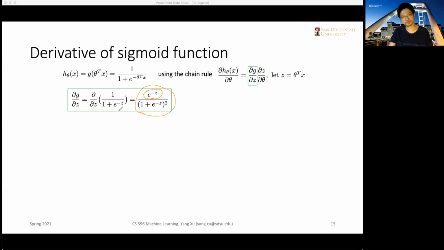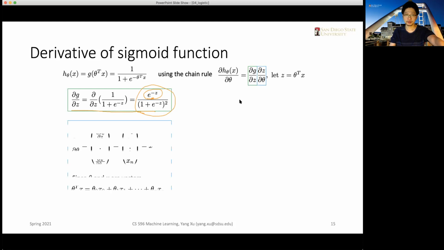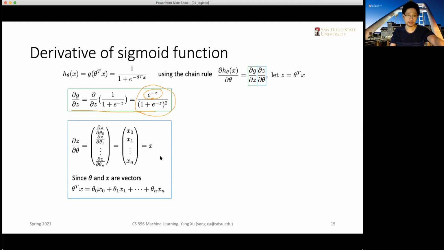Okay, but anyway, we can compute the derivative of g of z, the first derivative. And the second derivative is easier. It's a linear function, right? The linear function, the blue part, the derivative of z with respect to theta should be the derivative of z with each component of theta, because theta is a vector. We can have multiple features. We can have theta 0 to theta n, right?